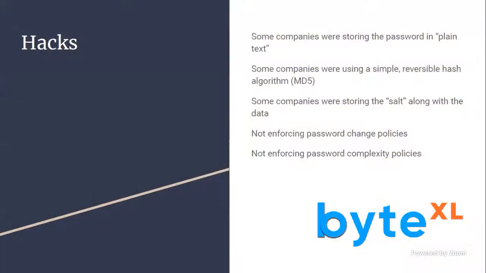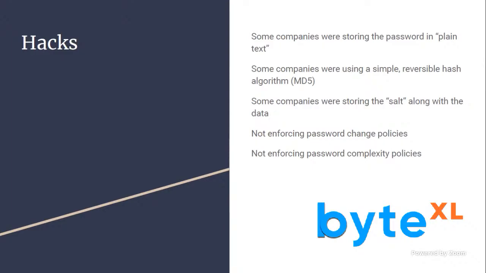One among those is that some companies were storing the password in plain text, which is easy to access. Some companies used a simple reversible hash algorithm; MD5 is one of the hash algorithms, which is very easy to access and could be easily used to hack.